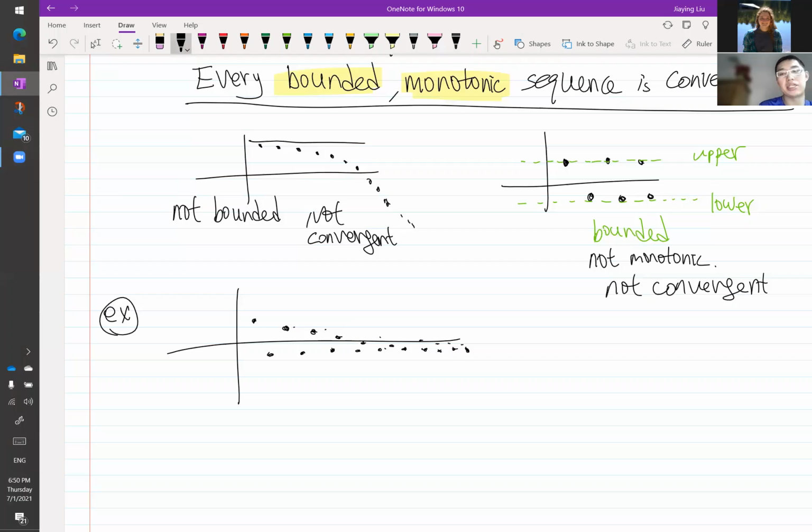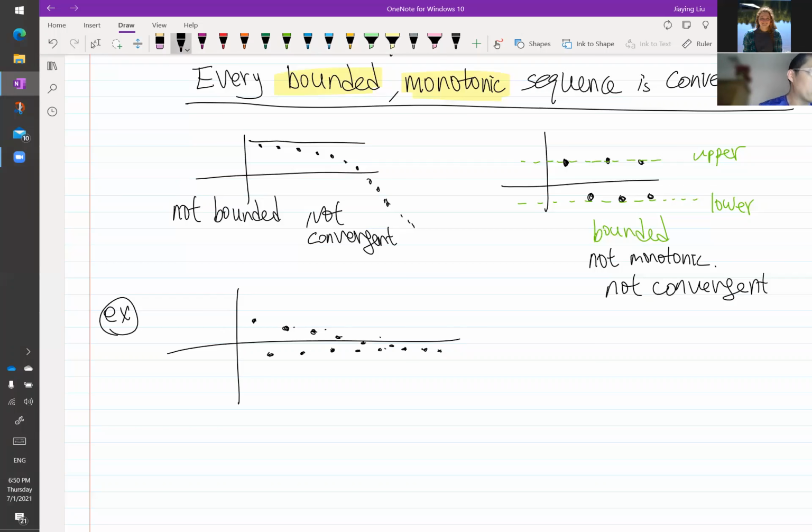So the limit is approaching a negative value, not zero, right? I just want to show you a case like this: it's convergent, but it's not monotonic. It's bounded, right? So that's a good example of the converse of this theorem.